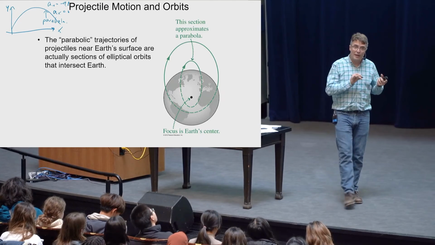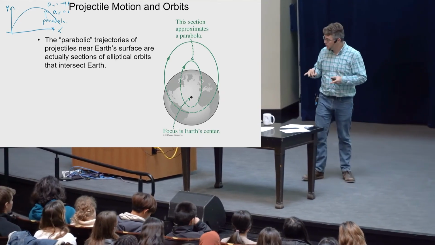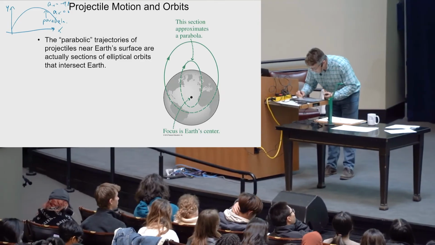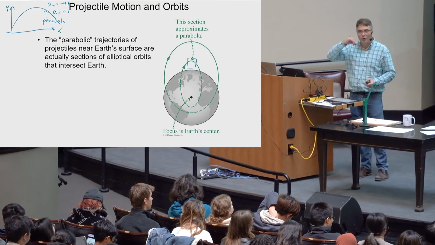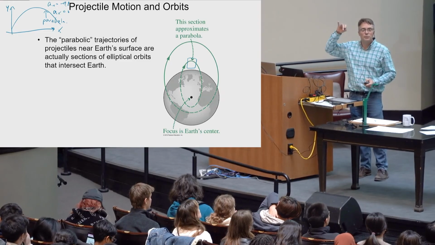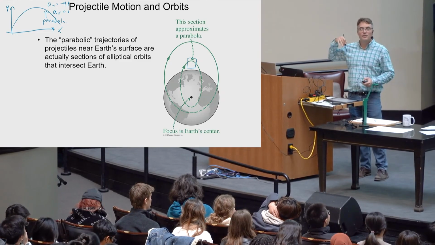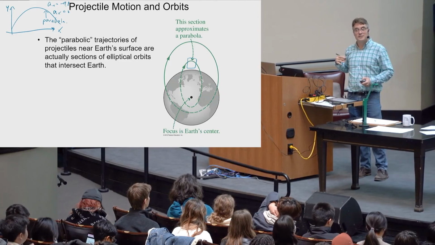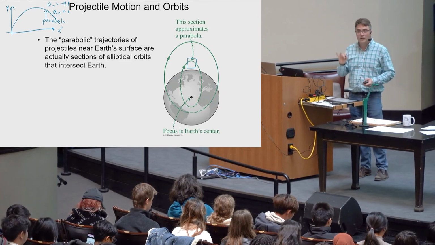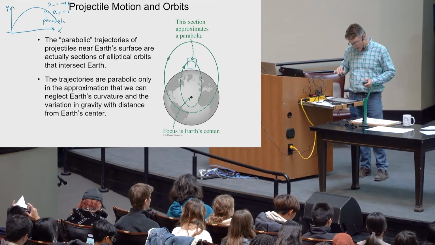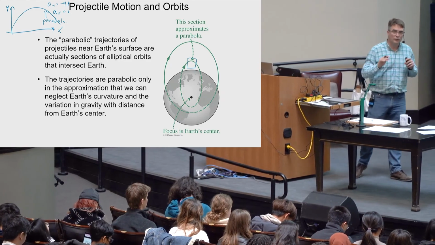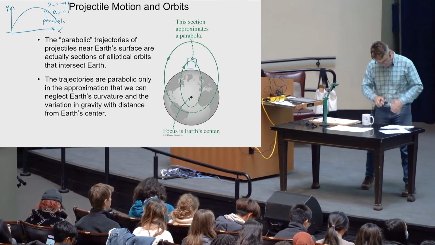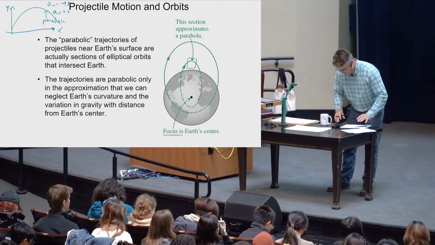So this parabola is an approximation to the real thing, which is that this object is actually orbiting the center of the Earth. So there's an ellipse where one focus is the center of the Earth, the other focus doesn't matter. You're just up at the top, and that parabolic trajectory is an approximation in which we can neglect the curvature of the Earth and this change in the direction of gravity.